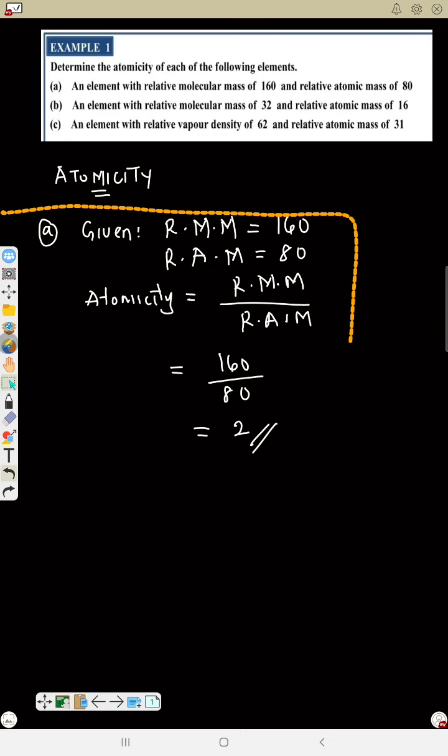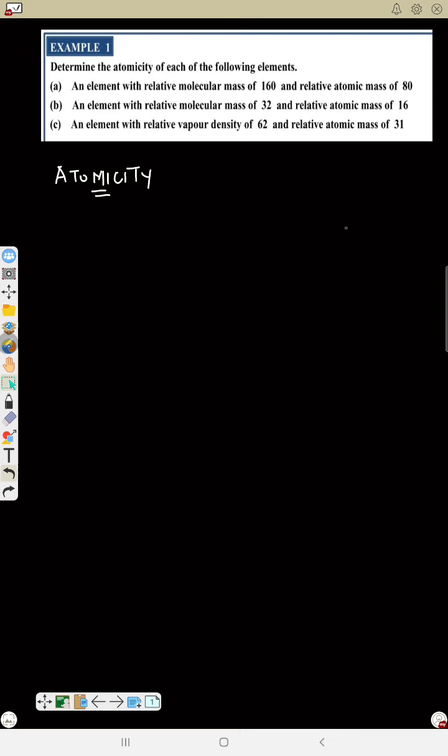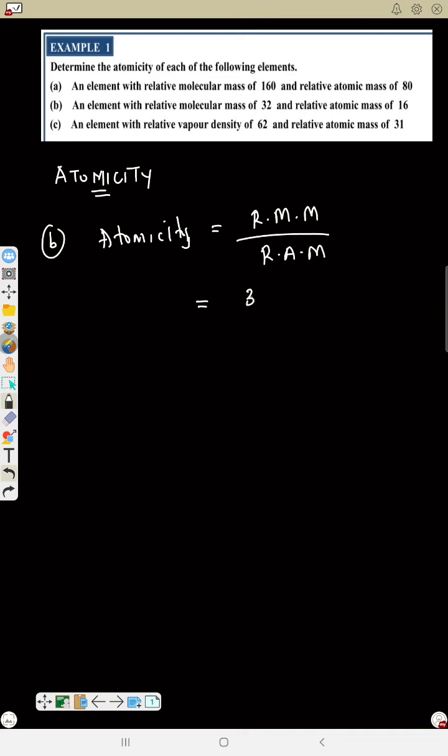Now let us see the B part: an element with relative molecular mass of 32 and relative atomic mass of 16. For B, atomicity is equal to relative molecular mass divided by relative atomic mass, that will be 32 divided by 16.